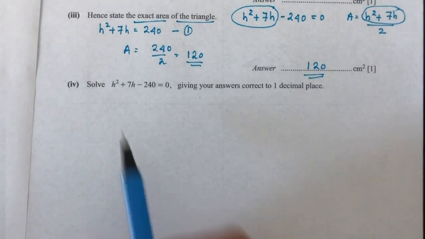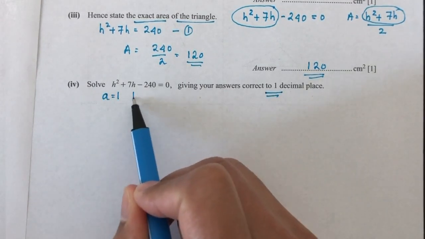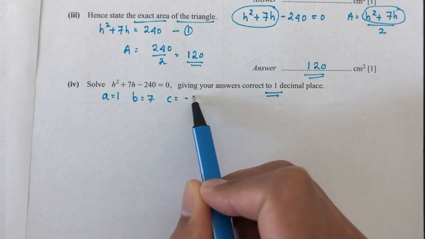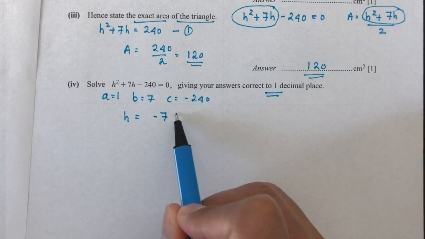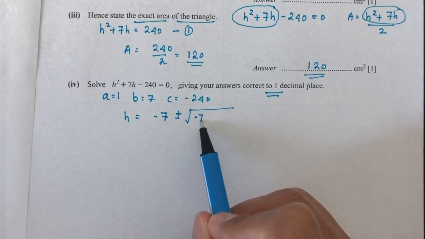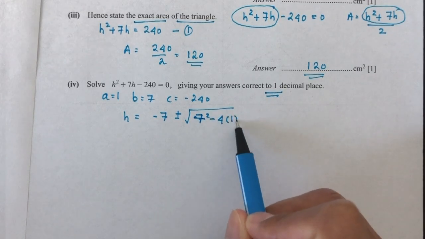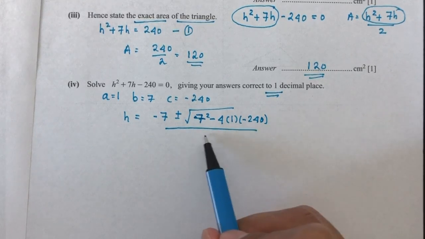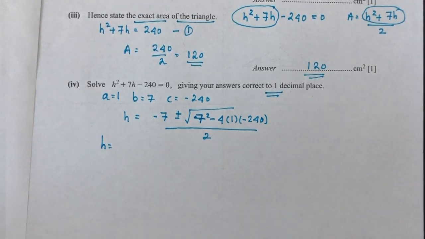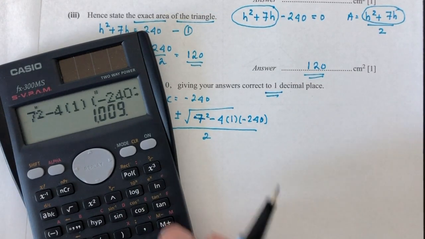Now for part 4, solve this equation, giving your answer correct to 1 dp. So a is 1, b is 7, c is minus 240. So h will be equal to minus b, which is minus 7, plus or minus the square root of b squared, so 7 squared, my bad, minus 4ac, divided by 2a, which is 2. So let's simplify. 7 squared minus 4 times a times c will be 1009.